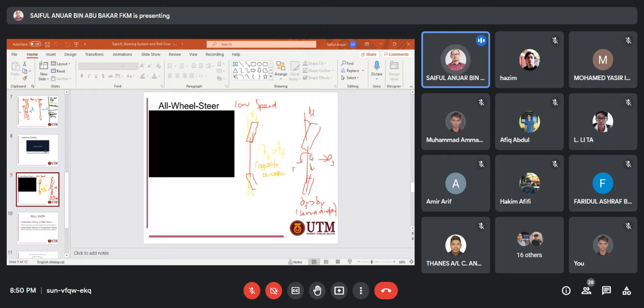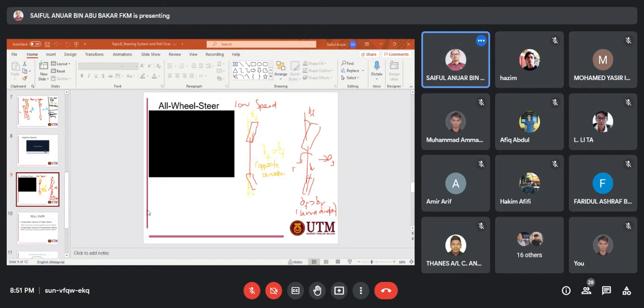It's just minimum components plus the control algorithm, and it's going to perform like all wheel steer, but it's cheap compared to all wheel steer, which is very expensive to apply to a car. That's why you can see all wheel steer only applied in high-end cars, for example Audi, the one that you saw in the video.